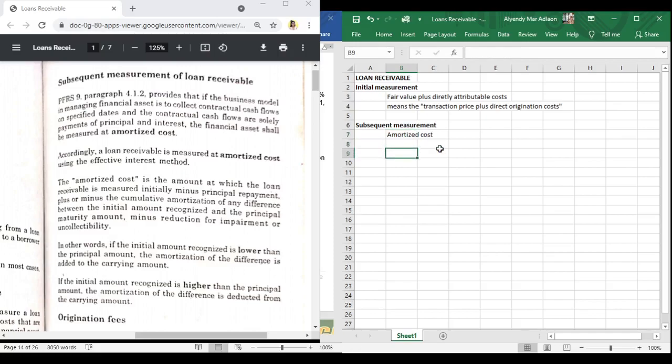First, the initial measurement, the amount that we measured initially, less principal repayment, and then plus or minus, so add or less, any cumulative amortization of any difference between the initial amount recognized as principal and the maturity amount, and then of course less reduction for impairment or any uncollectibility. So that would be our amortized cost.